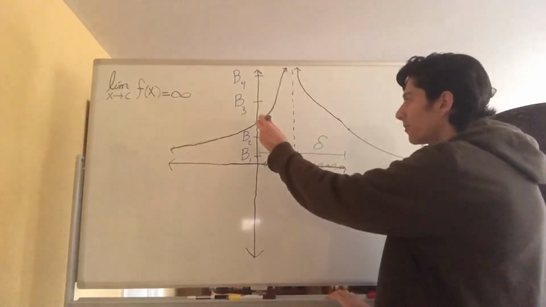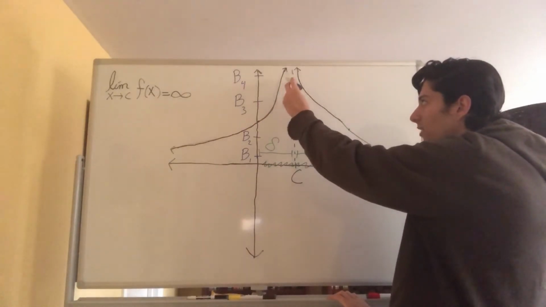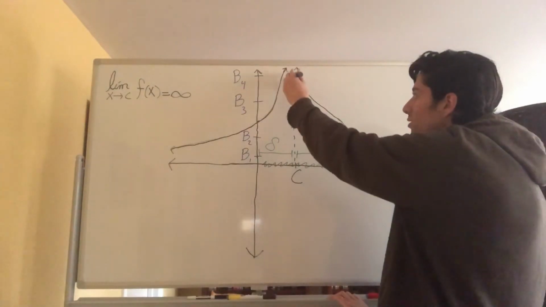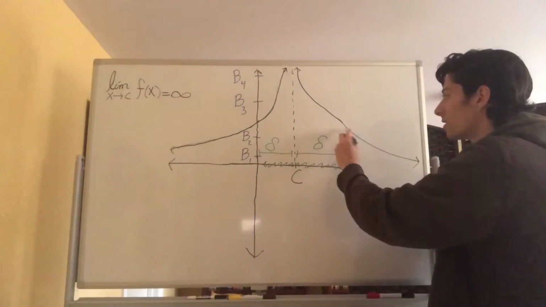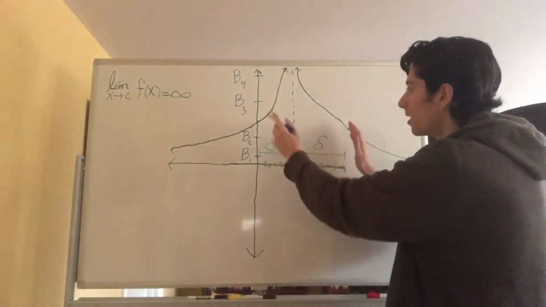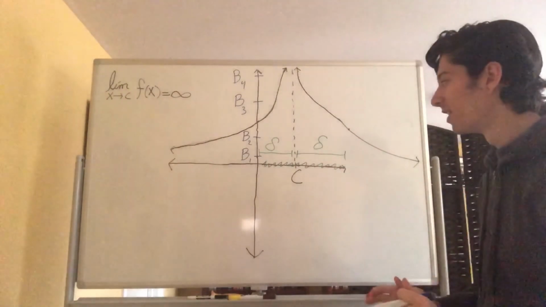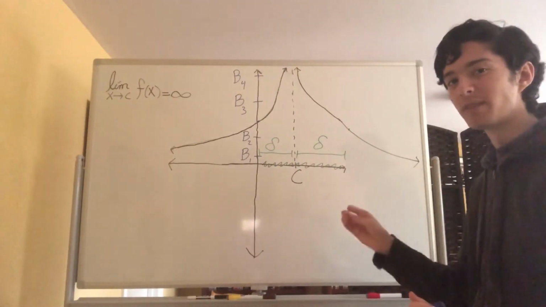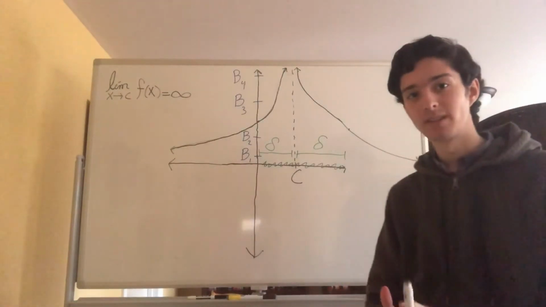Well, we see that the values of f of x will always be increasing when x is less than c, and even though they decrease after x is greater than c, it'll always be greater than these points because we restricted it to this width. So we see, yeah, we have successfully chosen a delta such that f of x will always be greater than b when the distance between x and c is within that delta.